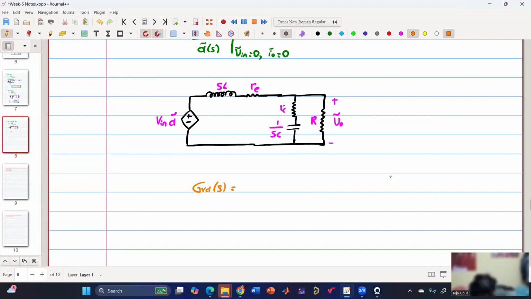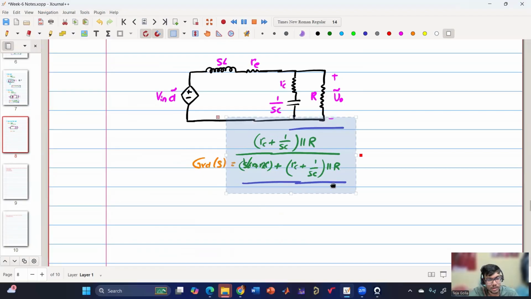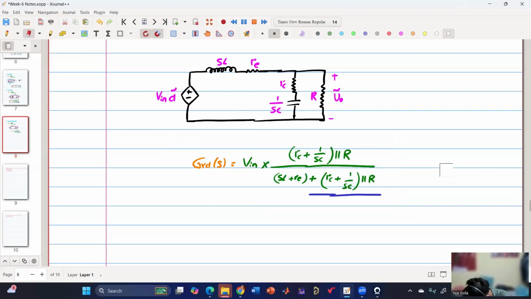similarly we'll get V in into one expression which is actually the same as from here. This is the expression because that term remains the same, because the circuit remains the same except the first part.